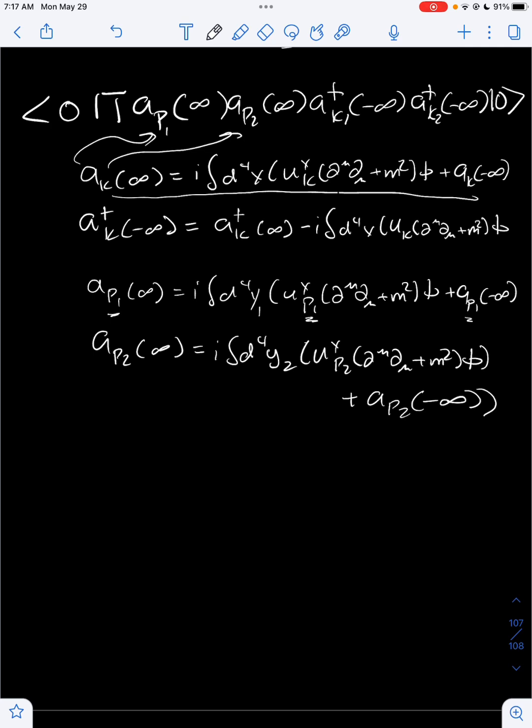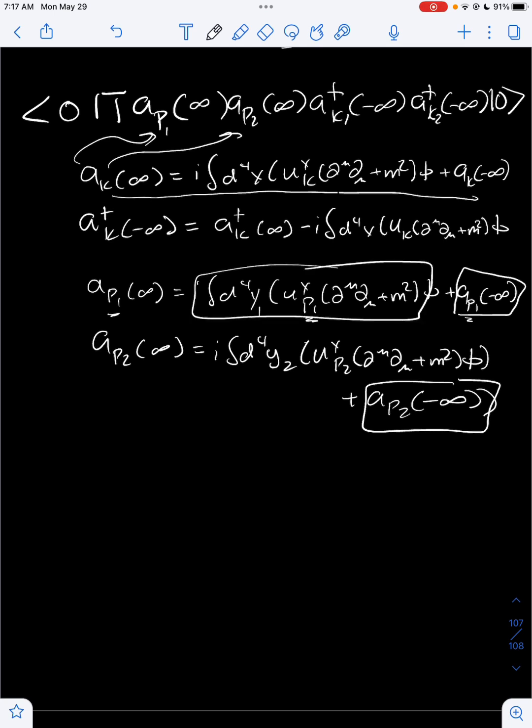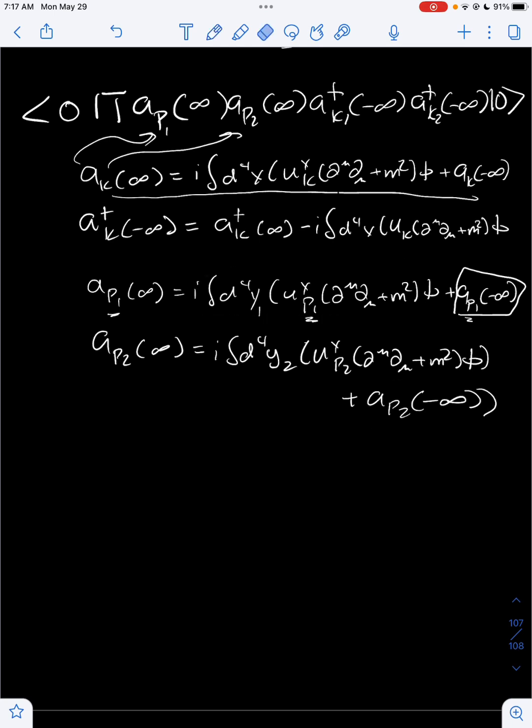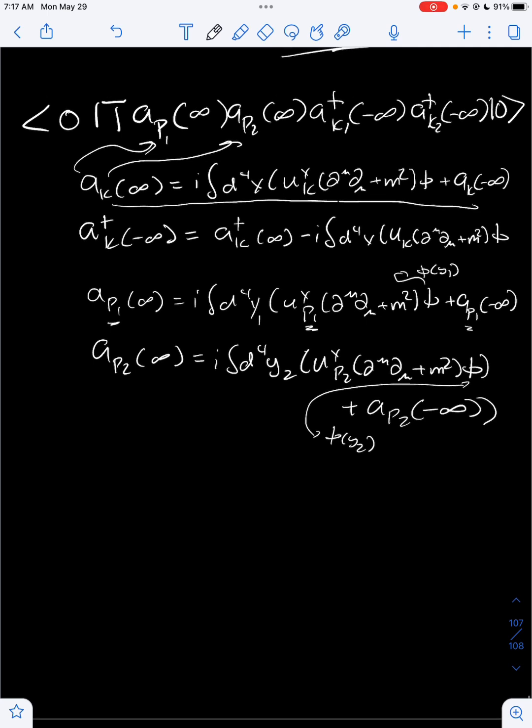All right, and this a p1 of infinity and a p2 of minus infinity, these are not under the integral sign, by the way. They're not being integrated. So also this phi over here is going to be phi of y1, and this phi over here will be phi of y2. So now what we can do is we can just plug those things in.